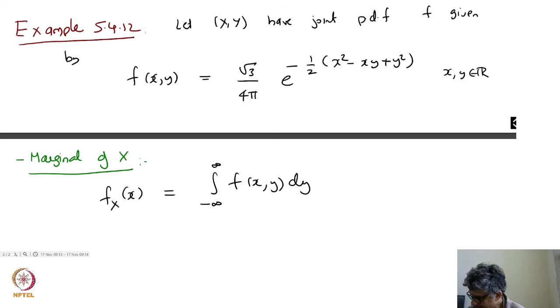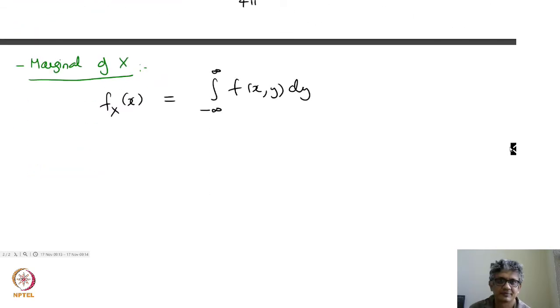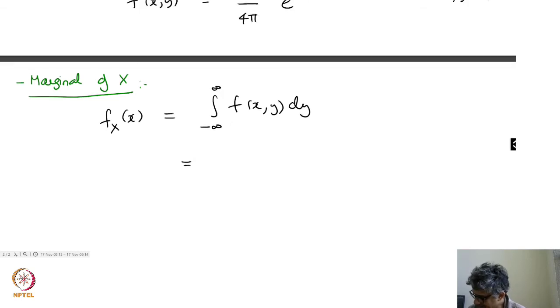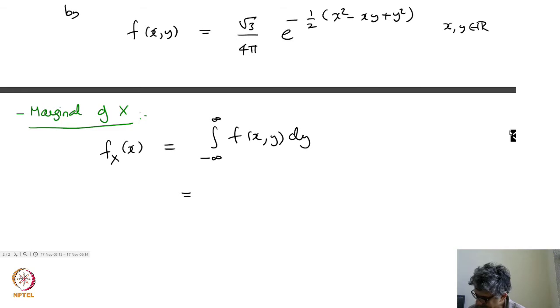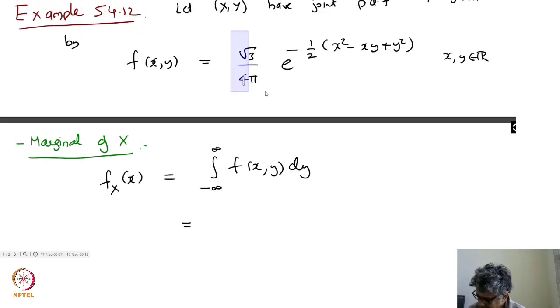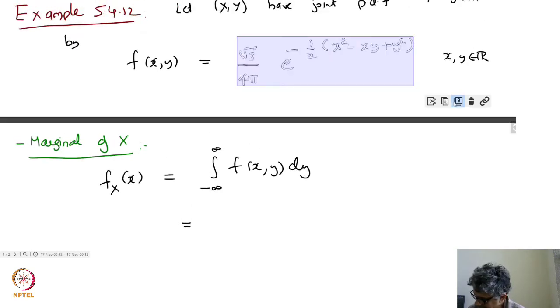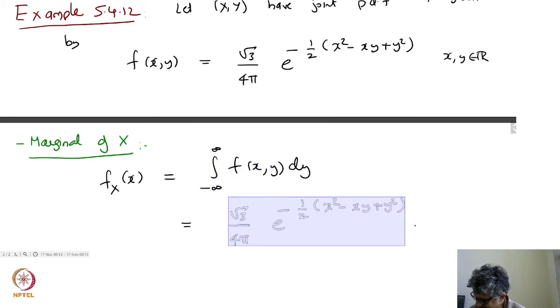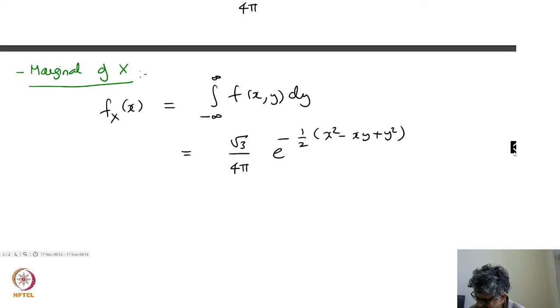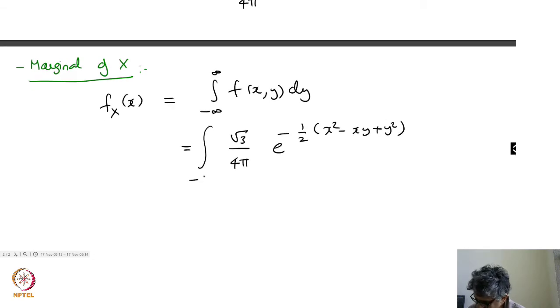You integrate out y, you get the density of x. It's just this formula, so you just copy the formula down, duplicate it, bring it down. So it's going to be this integral from minus infinity to infinity of this thing dy.